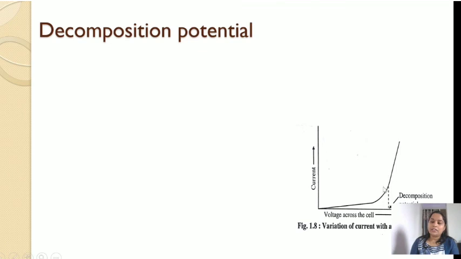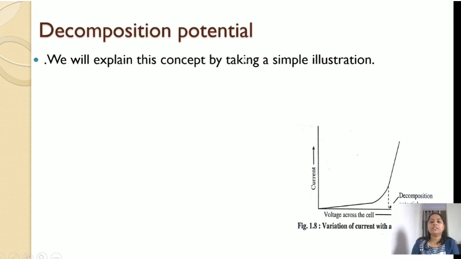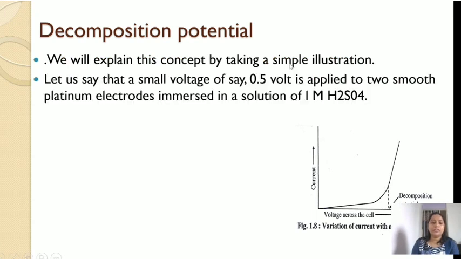We will explain this concept by taking a simple illustration. Let us say that a small voltage of, say, 0.5 volt is applied to two smooth platinum electrodes immersed in a solution of 1 molar H2SO4.